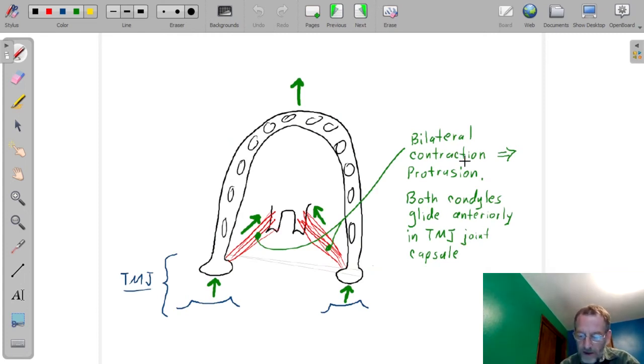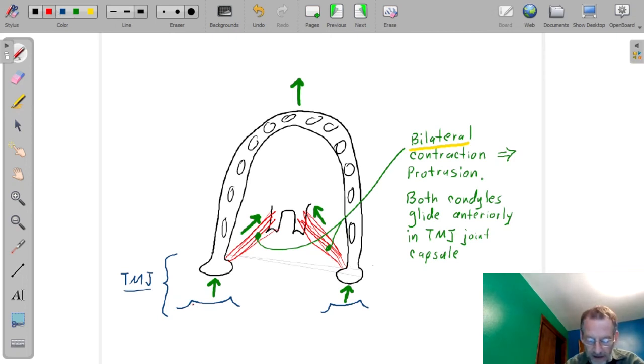So what I wanted to show was what the action is with bilateral contraction. With bilateral contraction, you have both muscles contracting together at the same time. So I drew little green arrows here on the lateral pterygoids to show that these muscles are shortening, and as they shorten, they pull the mandible anteriorly out of that fossa on the temporal bone.